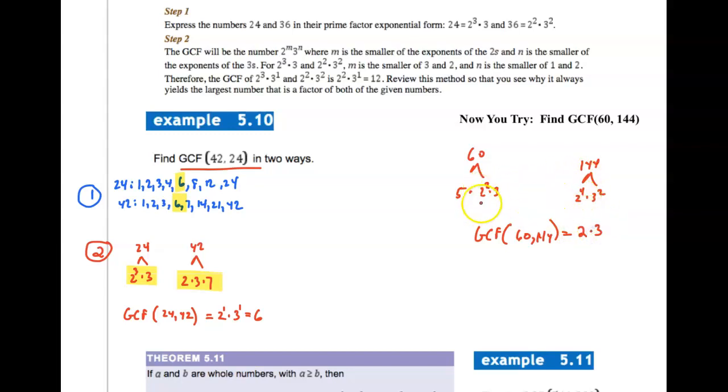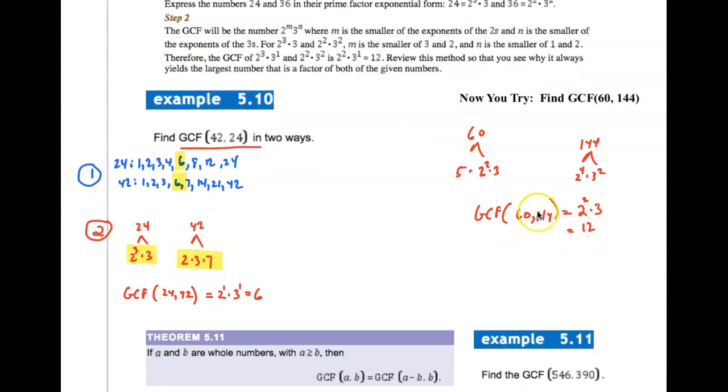Then you look to see the lowest exponent of these, 2 squared and then 3. I don't want to put a 3 squared there, 3 cubed I mean, would be 3. So the greatest common factor is going to be 4 times 3, or 12. That would be the GCF of those numbers.